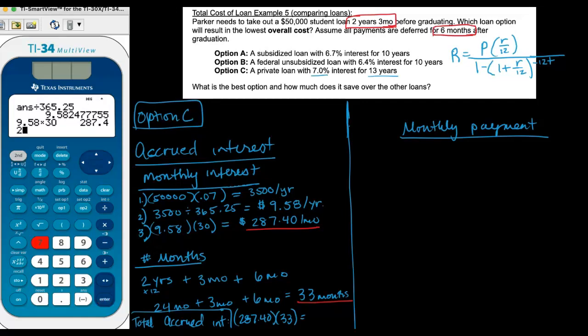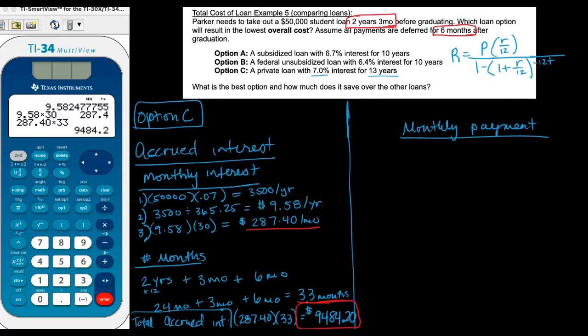So 287.40, oh, and I guess I could have just used my previous lines and just said times 33. There we go. And so we get a total accrued interest of $9,484.20. So that's almost $10,000 just in interest that adds up while the student is in school.